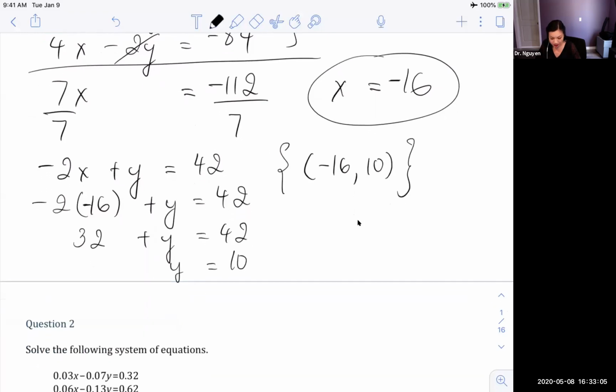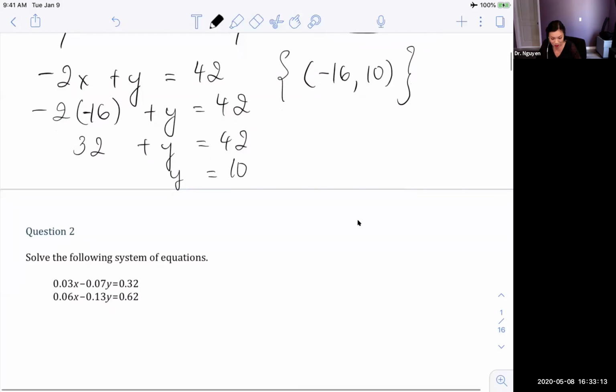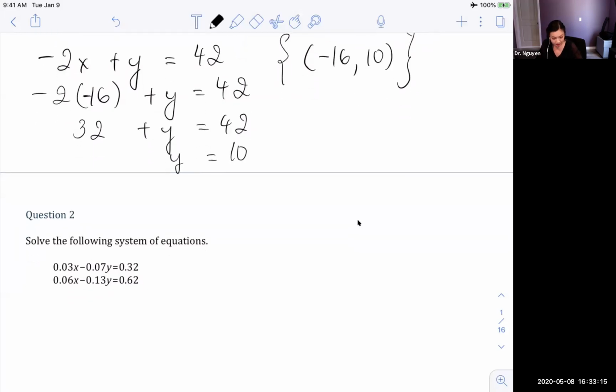The next problem, instead of having fractions, we have decimals, but this is exactly the same. You can change it if you don't want to work with decimals. For decimals, you pretty much just move the decimal point, right? So if I want to multiply everything by 100, all I have to do is move the decimal point 2 places.